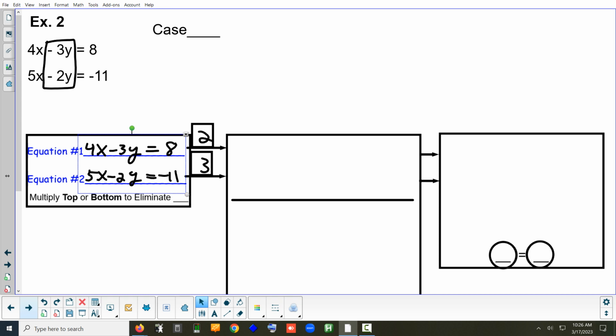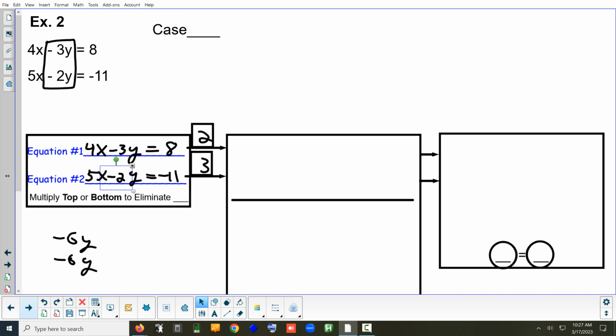Okay, so I'm just going to put that right here for a second. That'd be a negative 6y. Let's see what would happen in the bottom. What's 3 times negative 2y? Negative 6y. If you add those together, do they cancel? Negative 6 and negative 6.